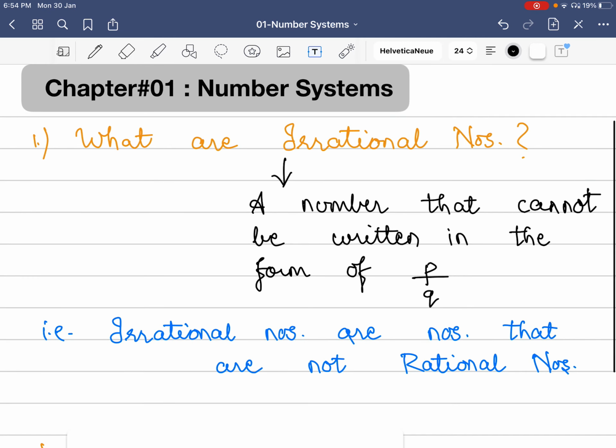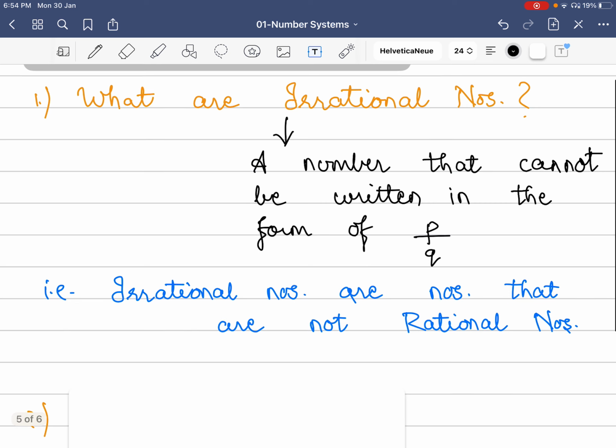Okay. So here let's read out the description. What's an irrational number? It's a number that cannot be written in the form of P by Q. That is, irrational numbers are numbers that are not rational numbers.